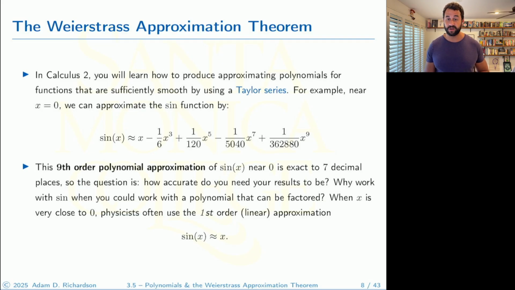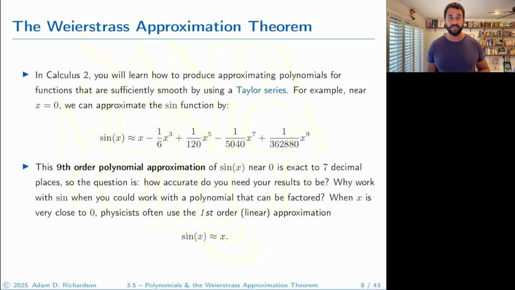Maybe what might be more surprising is physicists, when they work with the sine function very near 0, they actually just use the first order or the linear approximation, sine of x equals x. That's right. So this is a real thing that happens in physics. You'll often see physicists take this and just swap it out for x.